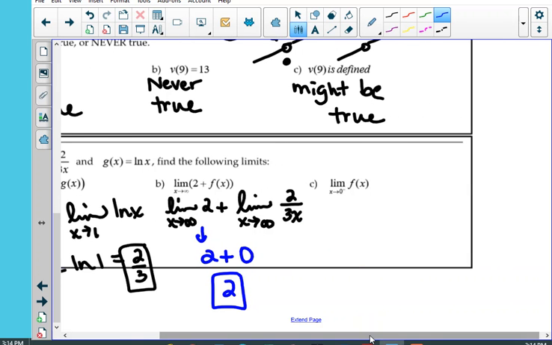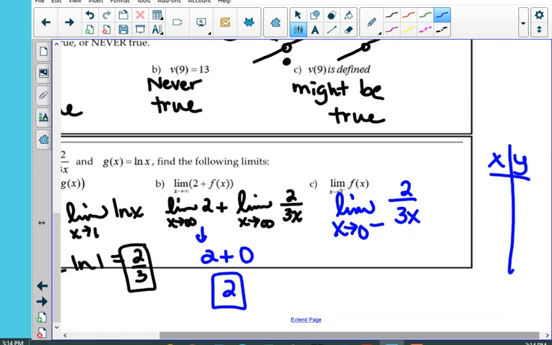And then the last one, the limit as x approaches 0 from the left of 2 over 3x. So maybe we think about a table here, and we look at approaching 0 from the left, so coming from -1, -0.5, -0.1, and we put 2 over 3x, so that would be -2/3.